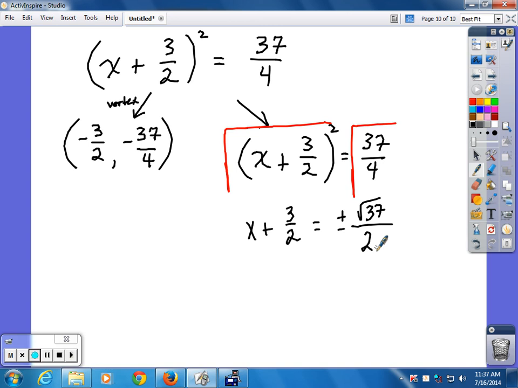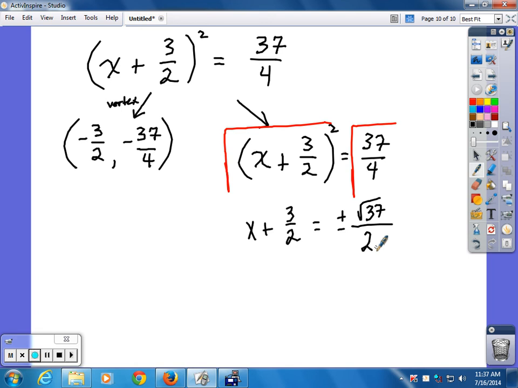Now, before you blurt out, I don't understand. If I put the whole thing under the square root, I can't take the square root of 37 in my head right quick, other than I know it's 6.1. How do I know that? Well, square root of 36 is 6. So what would square root of 37 do?